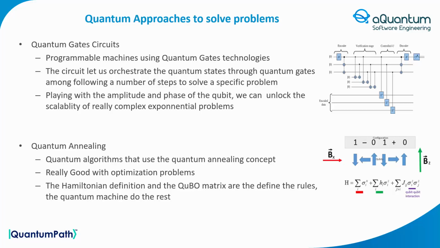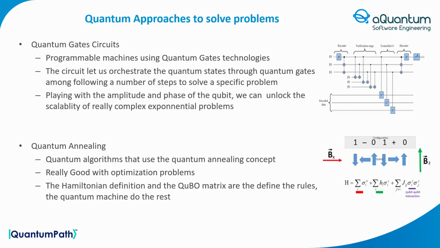Thanks to the known properties of superposition and entanglement, we will be able to solve in a totally new way known and unknown problems, with a level of parallelization unknown until today. Different providers will provide you different SDKs and tools. QuantumPath, on the other hand, will provide you one agnostic way to solve this kind of problems.